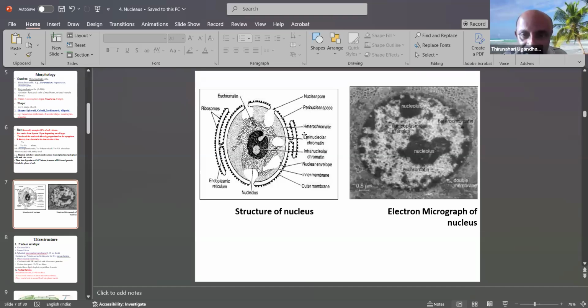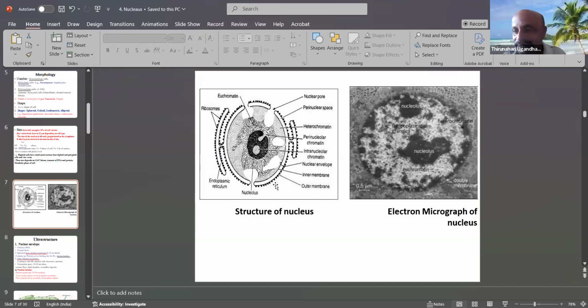Then inside, the nucleoplasm consists of the chromatin bodies and nucleolus. So chromatin bodies, nucleoplasm, and nuclear membrane are majorly 4 parts. The nuclear membrane consists of the nuclear pores, intranuclear chromatin, and then the nuclear envelope, with an inner membrane and an outer membrane.